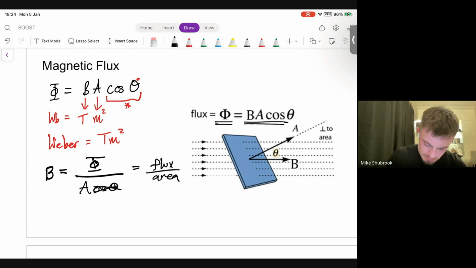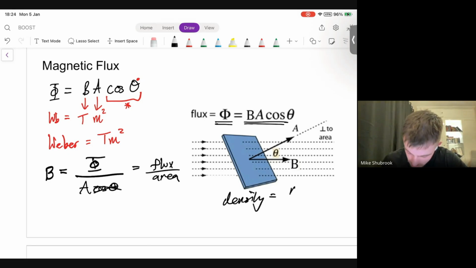So let me be careful here, because I'm going to use the word density, but the density that you're all used to is mass divided by volume. Now, you can use the word density to mean other things.